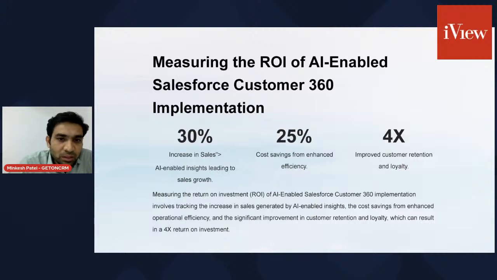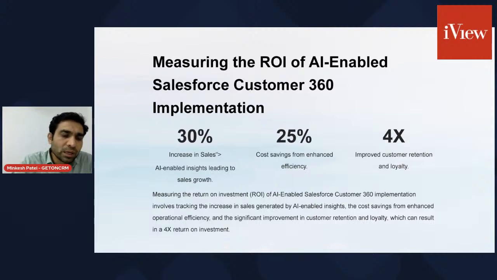Cost saving is 25%, as we mentioned. If you are using one system, and then another system to save cost, later you will realize that when it is a little bit scaled and you have data in it, integration takes a lot of time and is a little more costly.